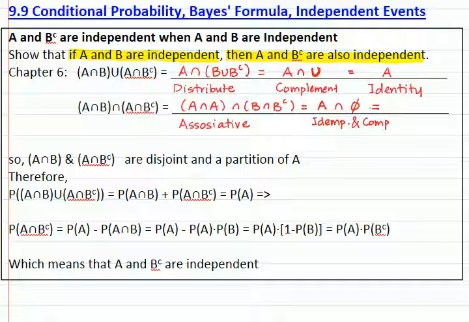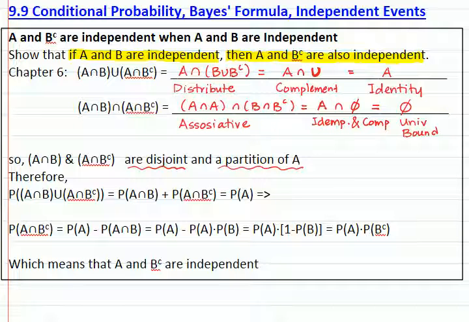Then I use the universal bound laws to say that A intersection empty set is the empty set. So I see that they are disjoint because their intersection is the empty set, and they are a partition of A because their union is A.